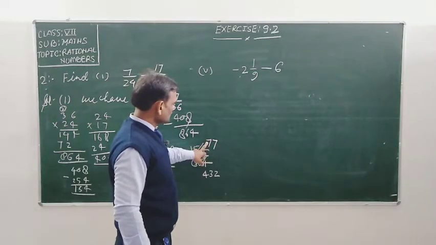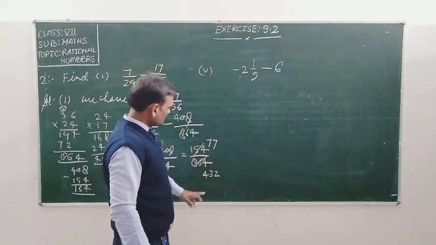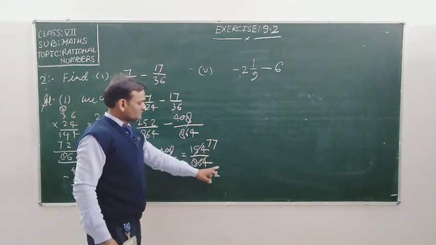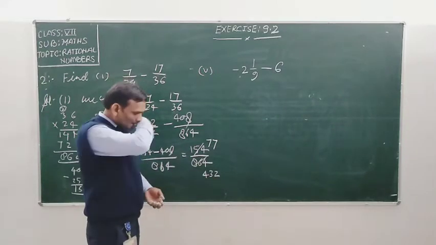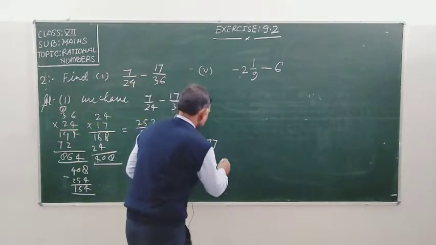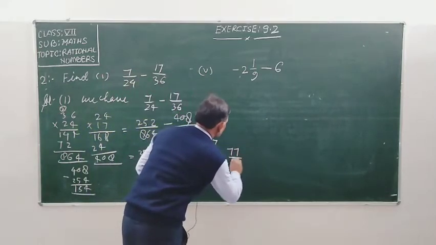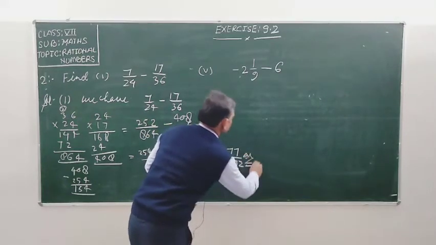Not 2, not 3. 11 sevens are 77, but 11 cancels 4 and 32? 11 3s are 33. No, it does not cancel. So my answer is 77 upon 432. This is my answer, student.